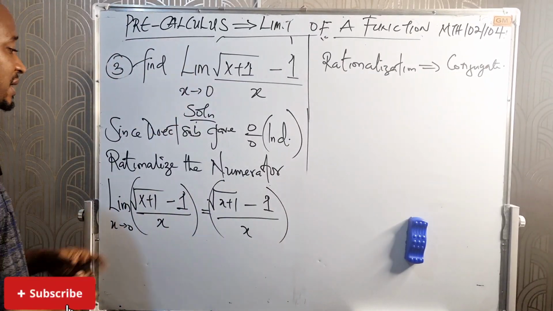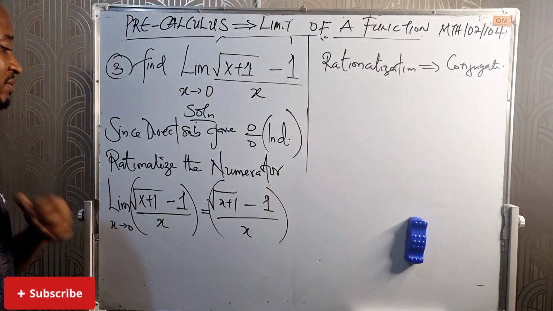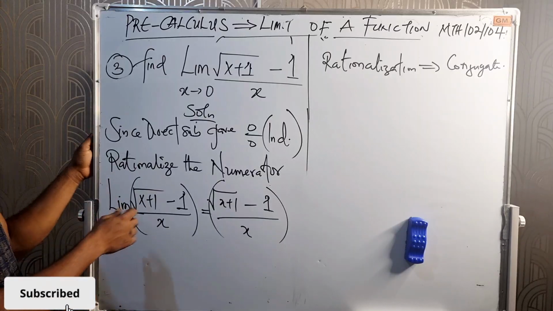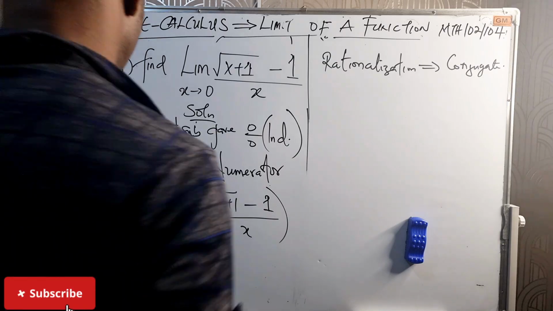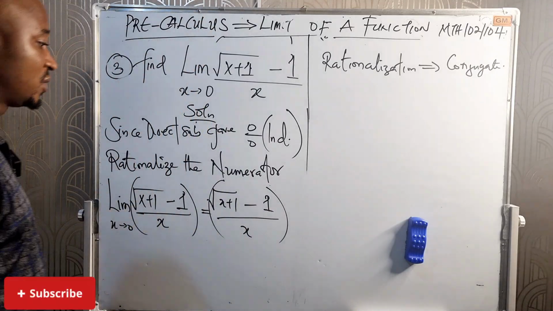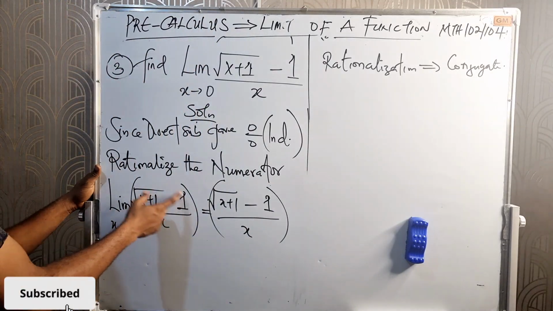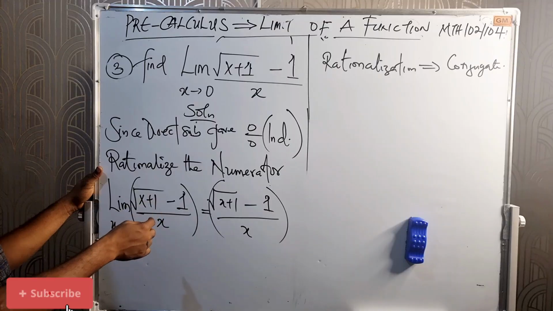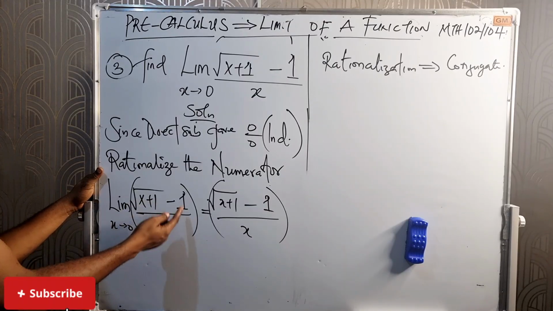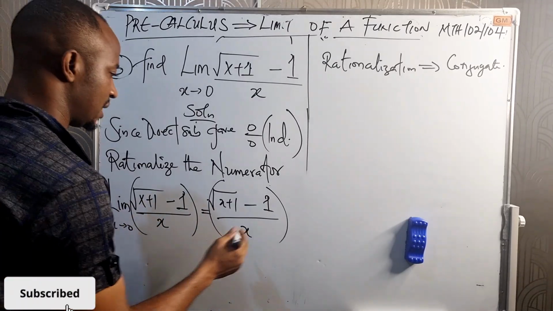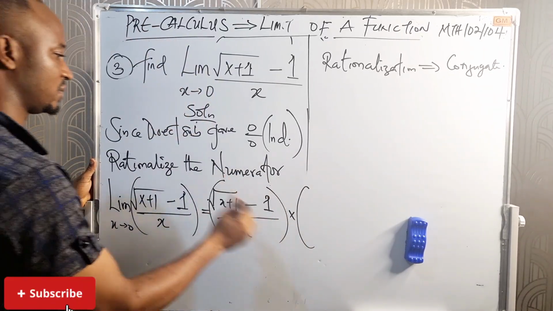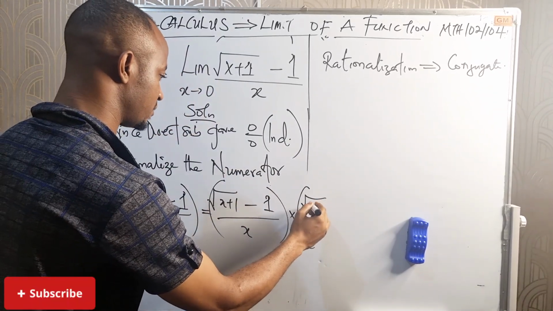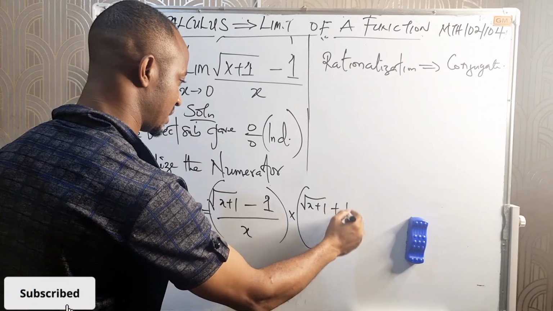Now, how do we rationalize? We multiply the conjugate of the numerator by the numerator and the denominator. So after bringing this out, I will say times the conjugate of this numerator, which is root x plus 1 plus 1.